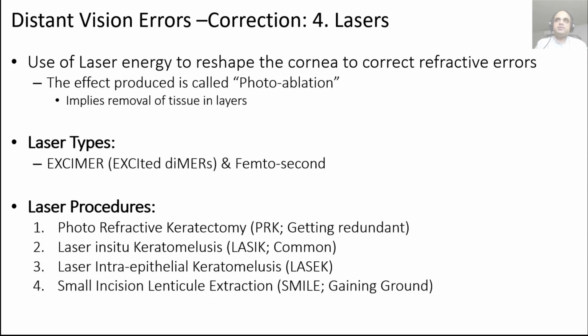And the laser procedures are these four: photorefractive keratectomy, or PRK, which is the oldest procedure; laser in situ keratomileusis, or LASIK, which is the common procedure done these days; laser intraepithelial keratomileusis; and then finally small incision lenticular extraction, SMILE, which is now gaining ground. Each of these methods, again, reshapes the cornea to overcome the refractive error.